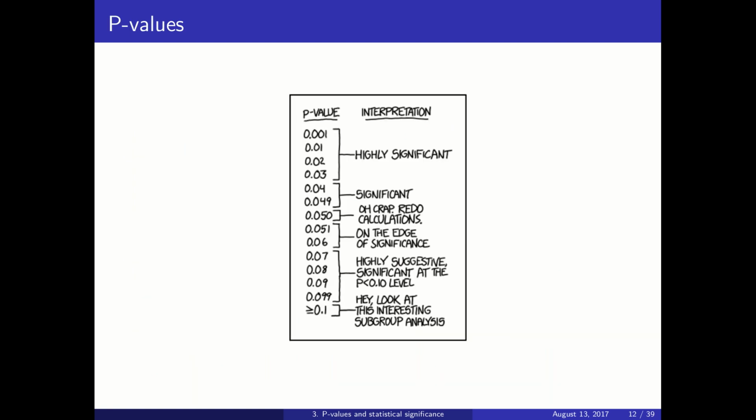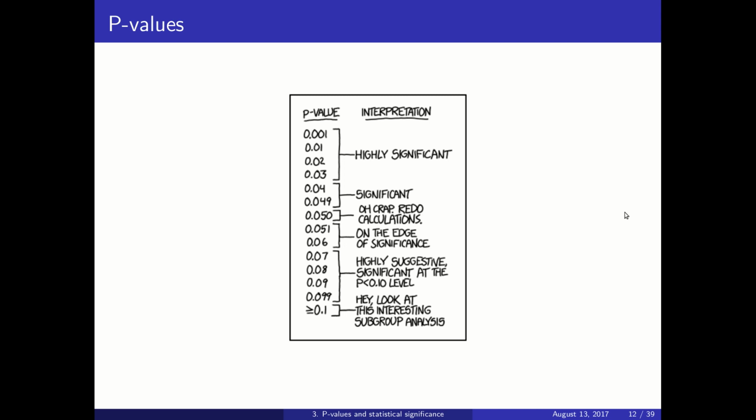And here is an interesting psychological interpretation, if you want, of how we react to p-values. If the p-value is very small, we say, oh, this is highly significant, and we are happy. If we are just close to the threshold, we call it significant, and we are not so happy. If we are just at the limit, we redo the calculations to make sure that we didn't make any mistake, and to see if we can push it a bit to the rejection side.